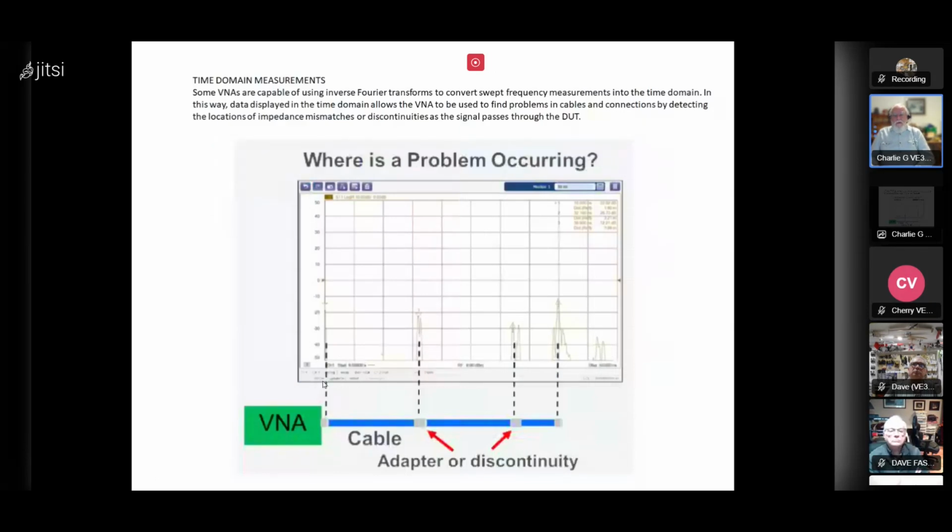The other cool thing that VNAs can do: most of the stuff we've talked about up to this point is in the frequency domain, but using inverse Fourier transforms, they can actually do stuff in the time domain. So some of the more recent VNAs, the V2, I'm not sure if the H4 can do this as well.